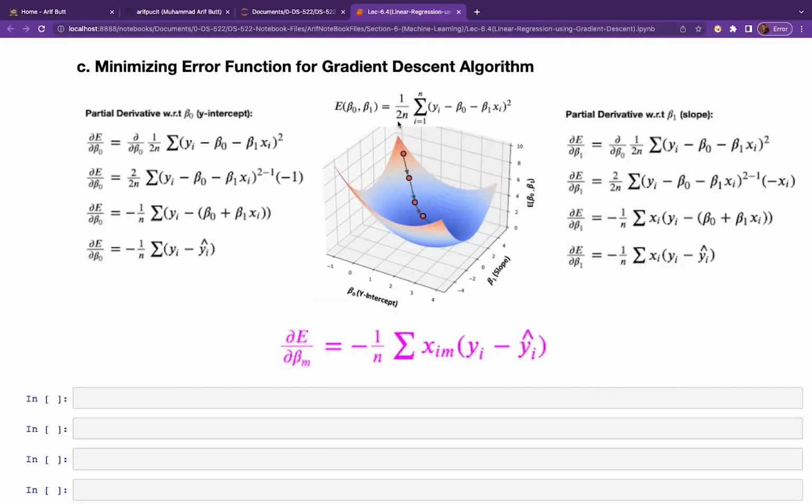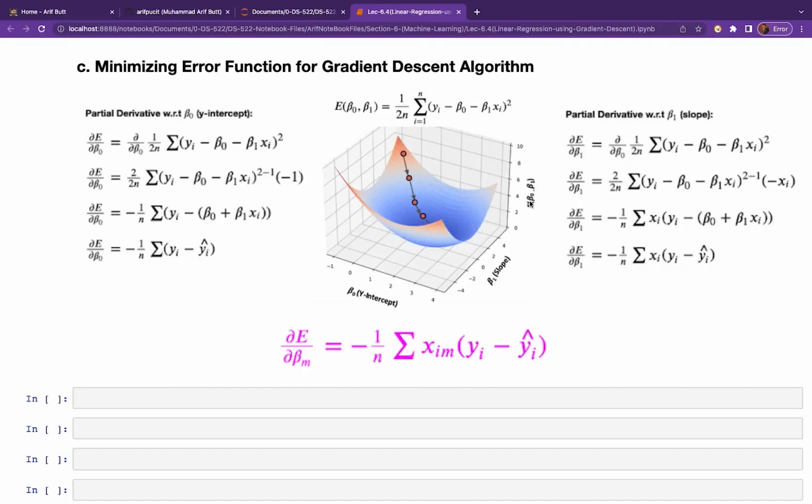And this 2 in the denominator just makes the calculation easy, as this 2 will come out after we take the derivative and will cancel out with this 2 in the denominator. Anyway, here is the beta naught, that is the y-intercept, and here is the beta 1, that is the slope, and over here we have the error function along the vertical axis, error function of two values beta naught and beta 1.